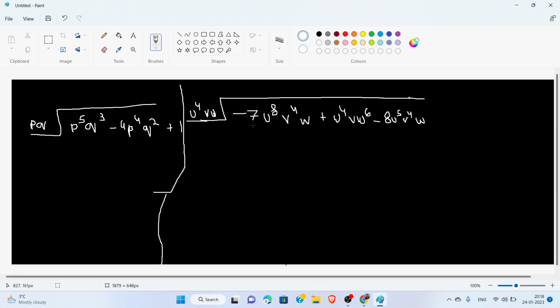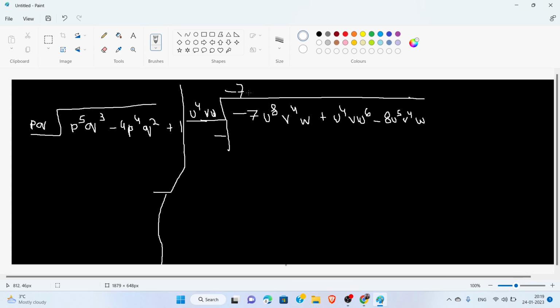So first things first, I know there's a minus 7 here, right? And even before that, I'm going to make sure to add my subtraction symbol, right? So first I know that I need minus 7 to be here, so I'll multiply this with minus 7. Simple. Now I'll repeat the same process again. What goes into u^4 v w such that I get u to the power 8 times v to the power 4 times w?